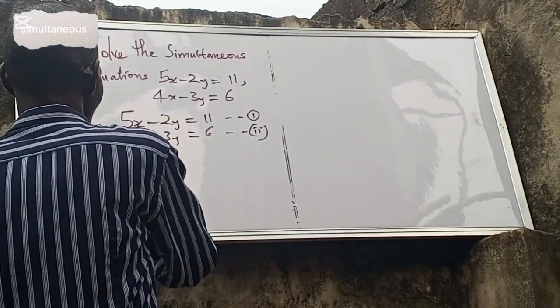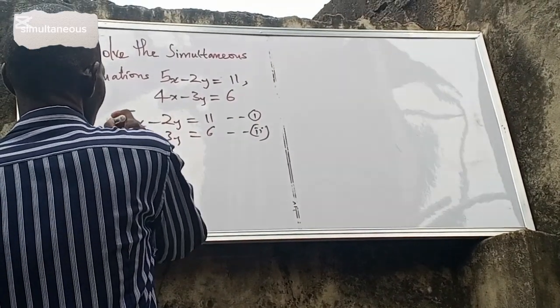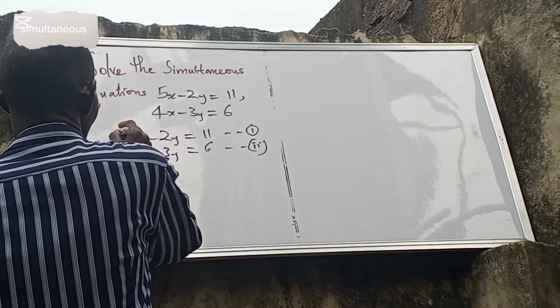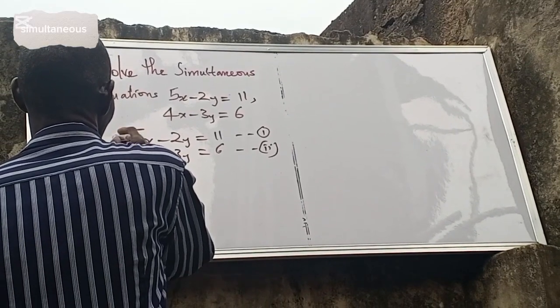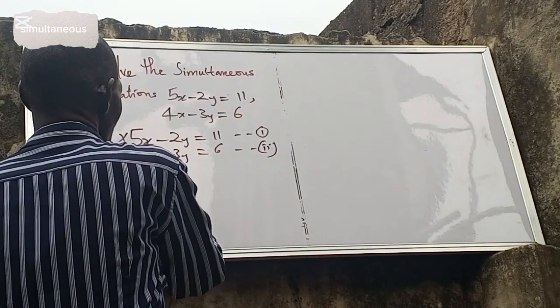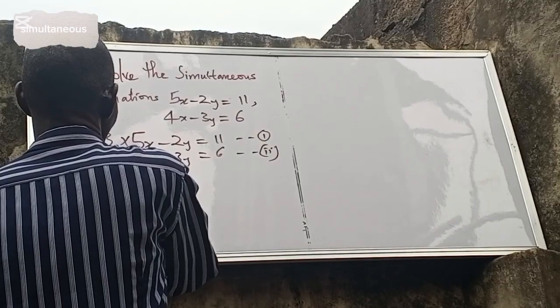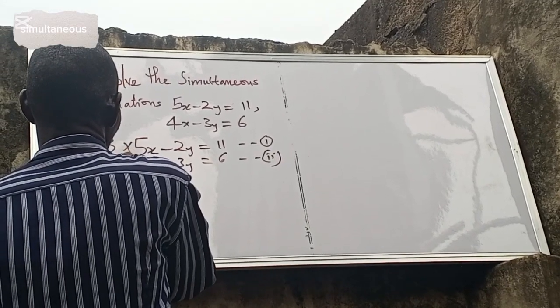In this case, we are going to multiply equation 1 by 3 and equation 2 by 2.